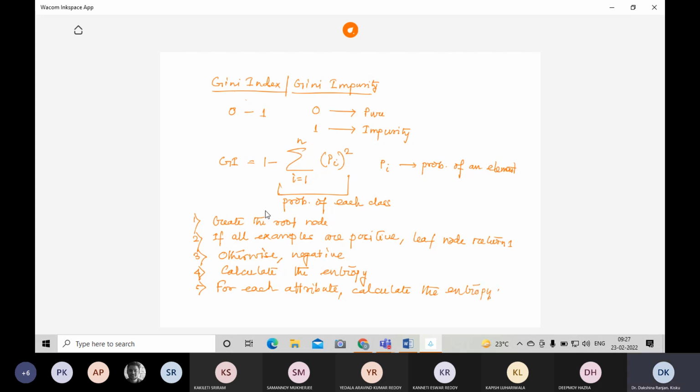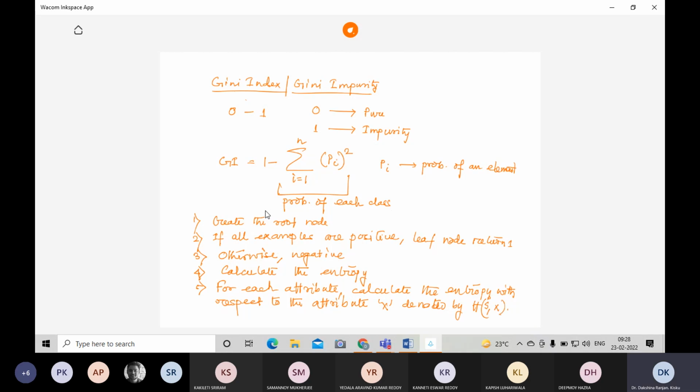We calculate the entropy with respect to the attribute, let's say x, denoted by H of S comma x, that is entropy of dataset S and x.